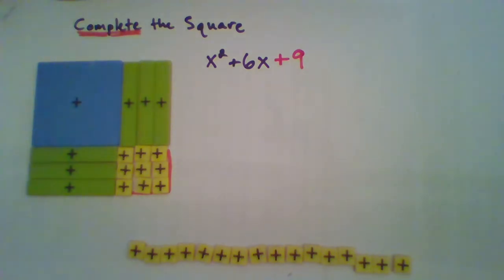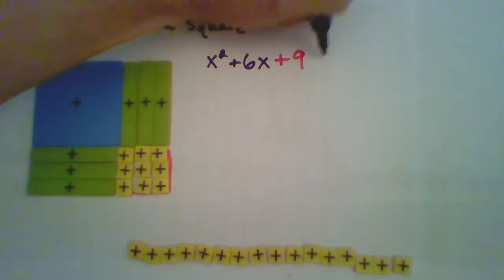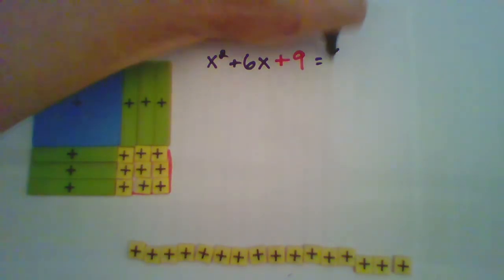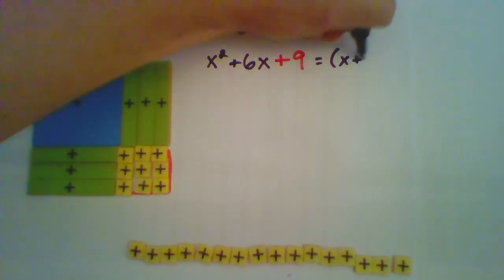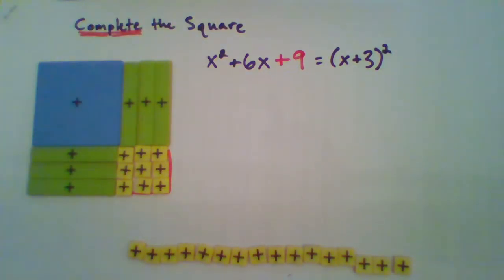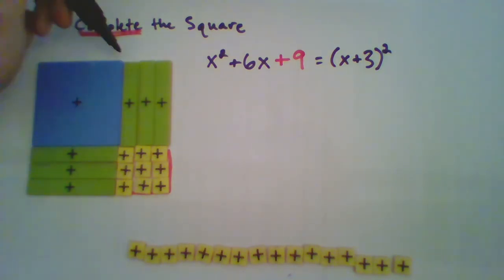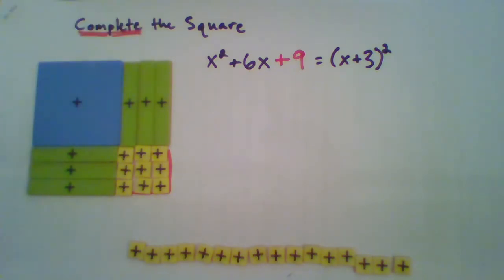And if you remember from factoring, the factored version of this is x plus 3 squared, which should make sense if we look at the square again. This is x and 1, 2, 3 on that side. And then on the height of the square, we have x, 1, 2, 3.